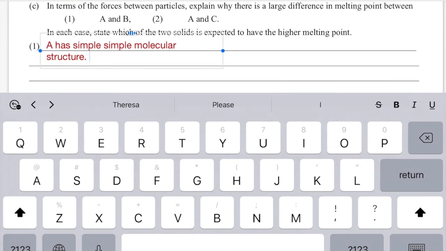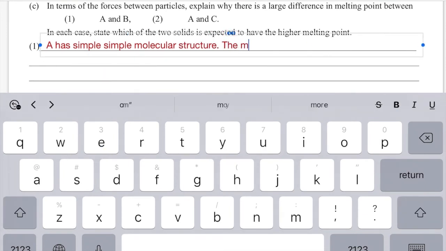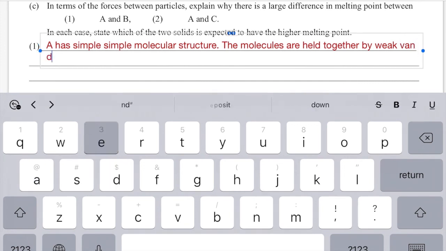Okay, and then the molecules are held together by weak van der Waals forces.